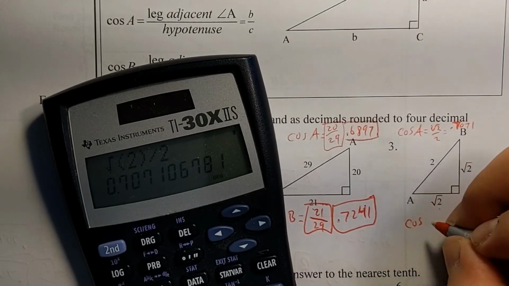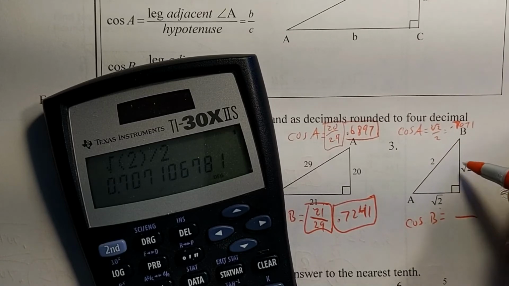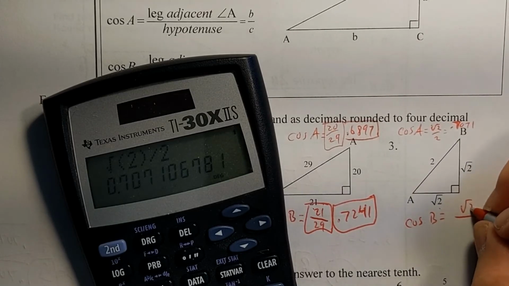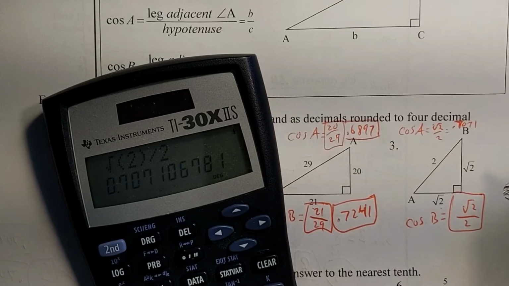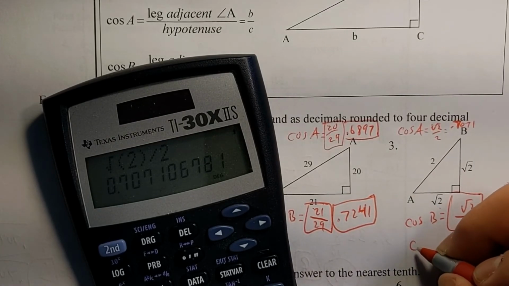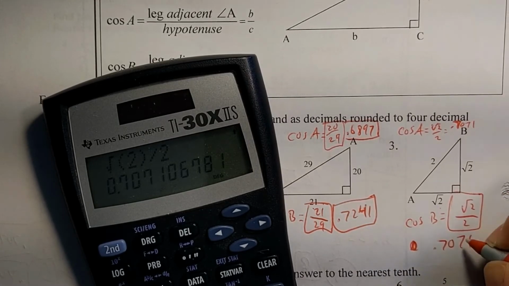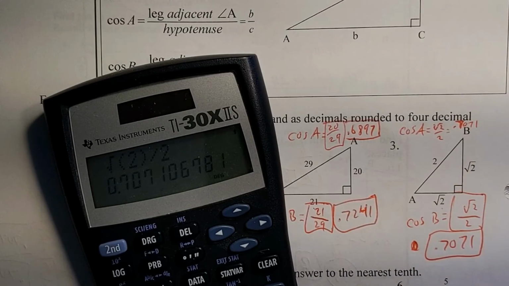And then when I do the cosine of B, now I'm going from here, my adjacent is this square root of 2, my hypotenuse is 2. Again, it doesn't reduce. So when you write that in the calculator, you're going to get 0.7071, just like the cosine of A was.